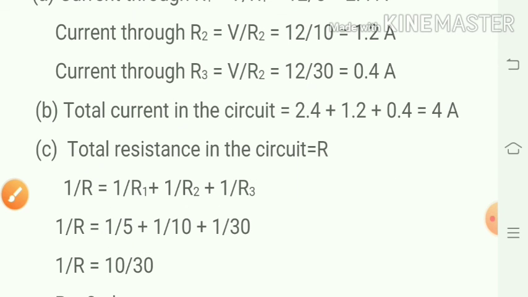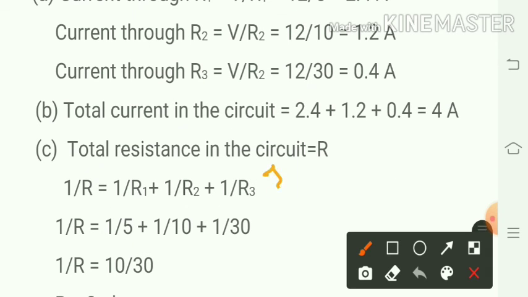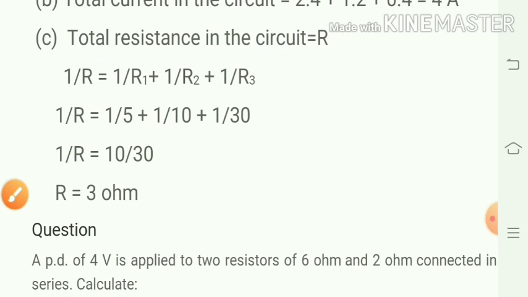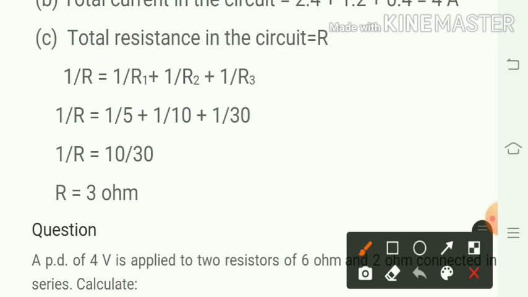Thus, total current I becomes equal to 2.4 plus 1.2 plus 0.4. It becomes equal to 4 ampere. The total resistance in the circuit can be calculated as all these resistors are in parallel combination.